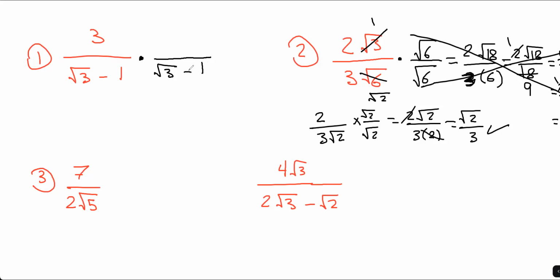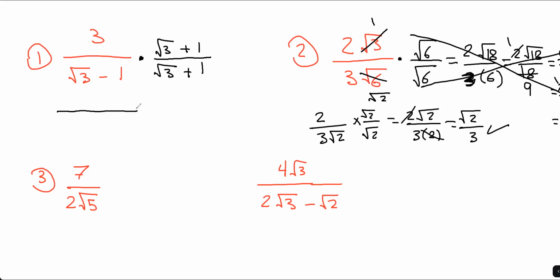You change the sign in the middle and you multiply by the same thing, except you change the sign in the middle. And that has something to do with the difference of 2 squares. If you do that, then you're not going to have radicals on the bottom anymore. You're not going to have square roots on the bottom anymore.